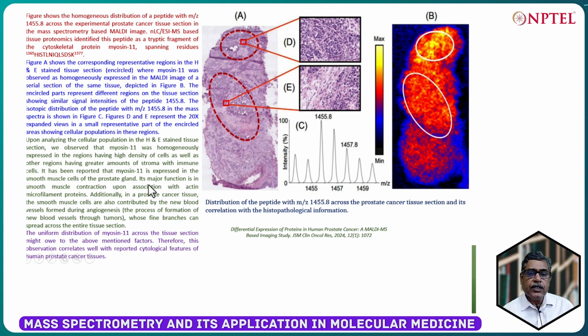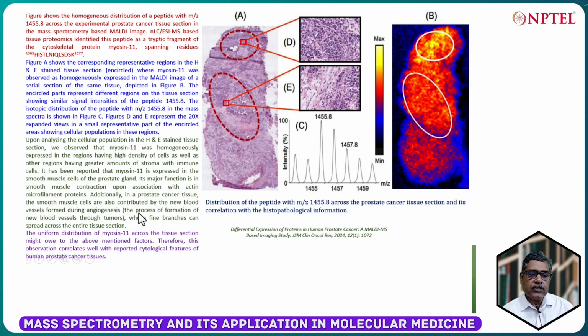So, what is its function? It has been reported that myosin 11 is expressed in smooth muscle cells of the prostate gland. Its major function is in smooth muscle contraction upon association with actin microfilament proteins. Additionally, in prostate cancer tissue, smooth muscle cells are also contributed by the new blood vessels that are formed during angiogenesis.